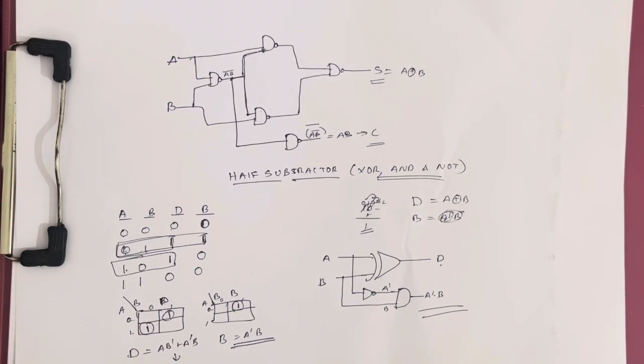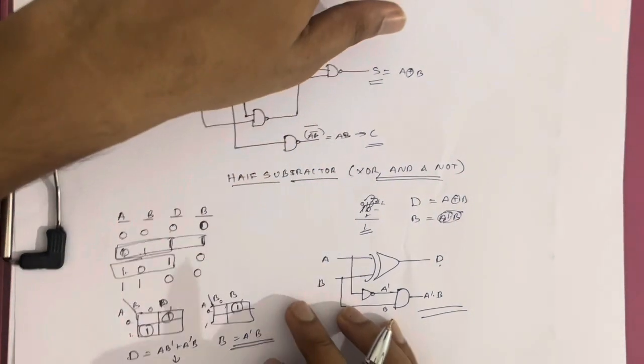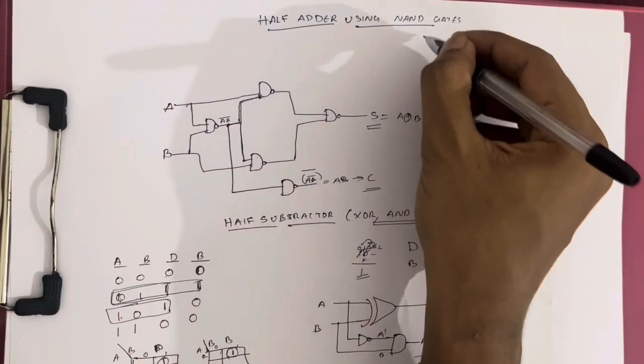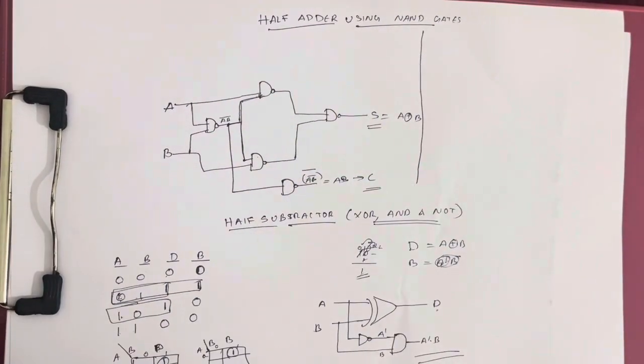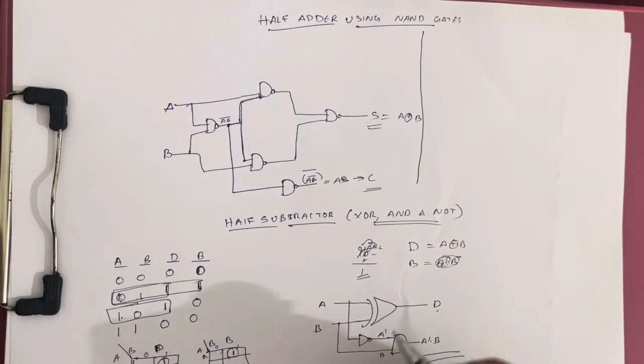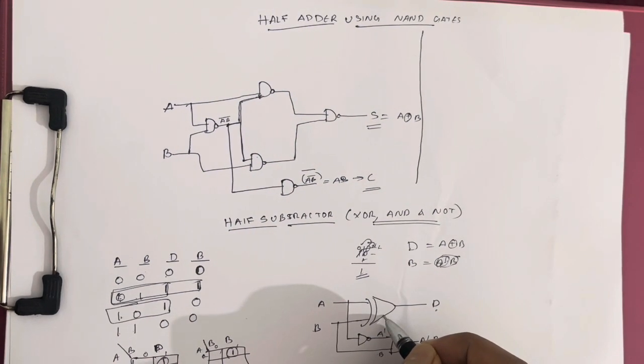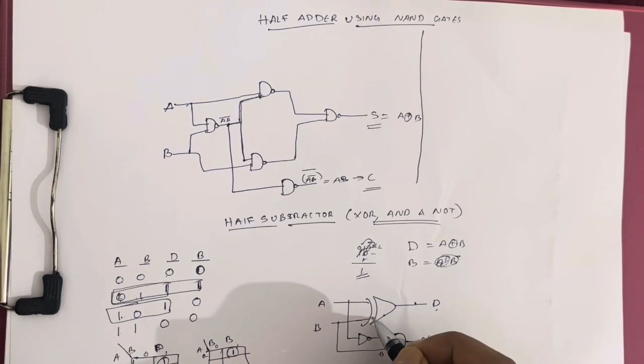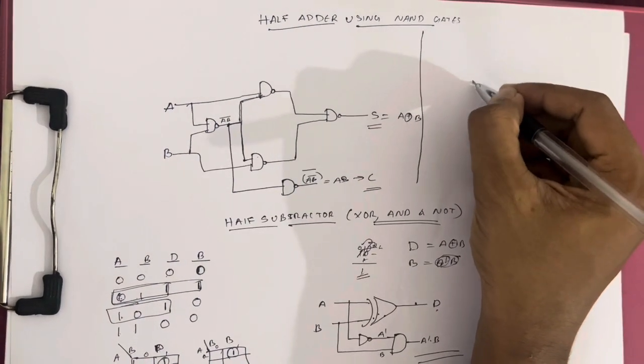Now, as a final step, we have to construct this using NAND gates only. So let's construct this using NAND gates. I think this space is enough for constructing using NAND gates only. As I said before, convert XOR gates into NAND gates. I explained this in the part 1 video. So convert the XOR into NAND gates.